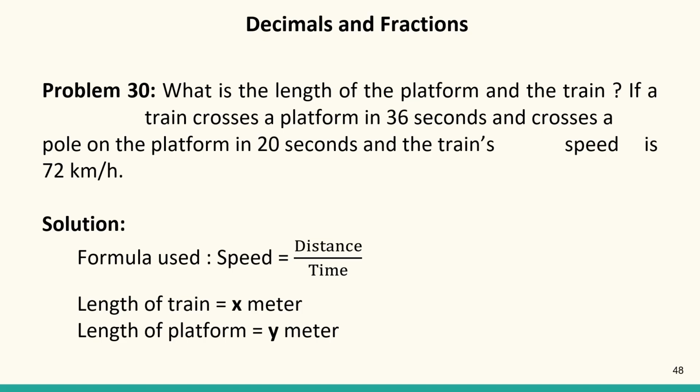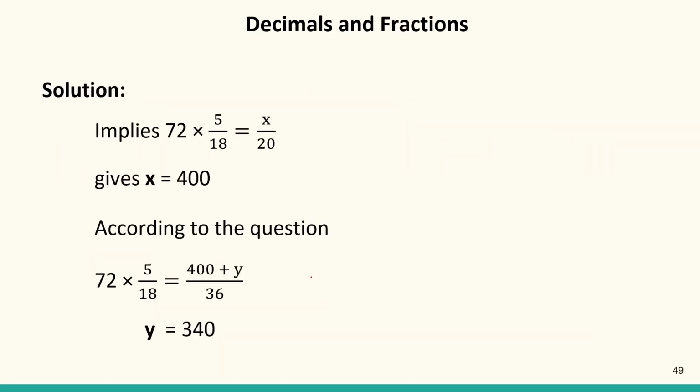So the length of the train in meters, let's say it is x meters, and the length of the platform is, let's say, y meters. So 72 into 5 by 18 is equal to x by 20. This gives us x is equal to 400, and according to the question, 72 into 5 by 18 is equal to (400 plus y) by 36. So this implies that y is equal to 320.